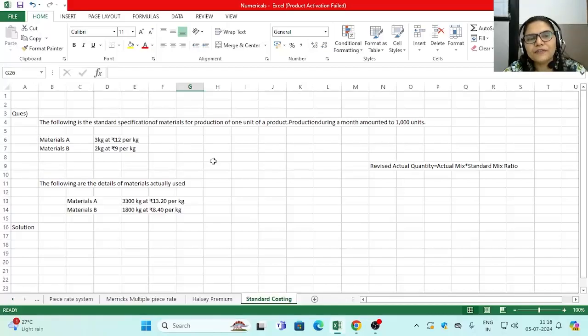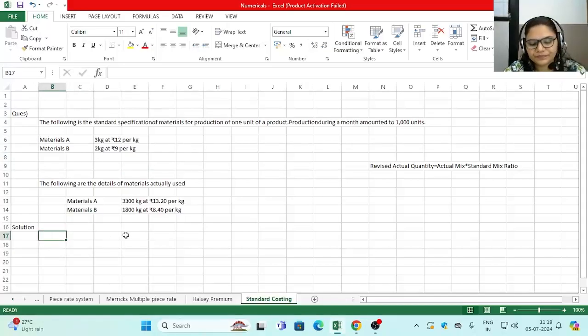Now, if we are given two types of materials, like in this question, material A and material B, in a production, then we will calculate all five kinds of variances: material cost variance, material price variance, usage variance, mix, and yield variance.